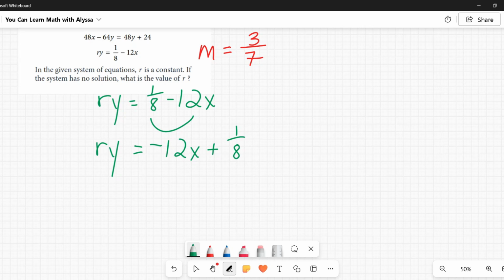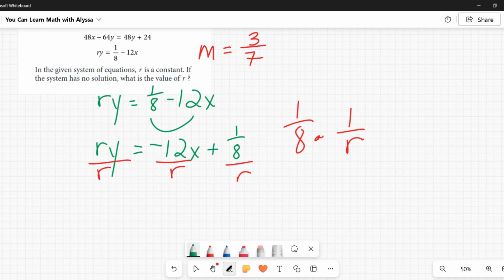Now to get y by itself, it's currently being multiplied by r, our unknown constant. So I'm going to divide everything by r. And when you divide a fraction like 1/8 by r, dividing by r is the same as multiplying by 1 over r. Just like dividing by 2 is the same as multiplying by 1/2. Same principle at work. So 1/8 times 1 over r is how you would do that.